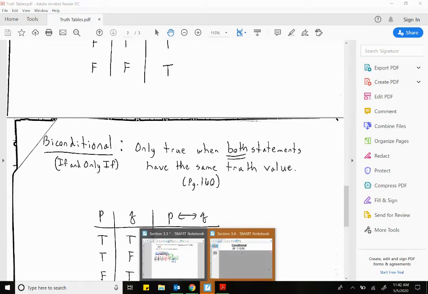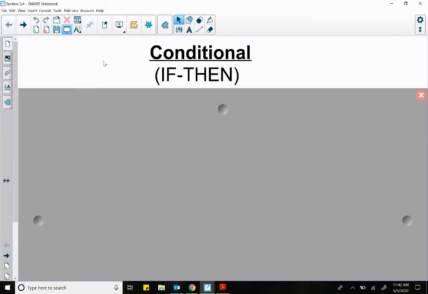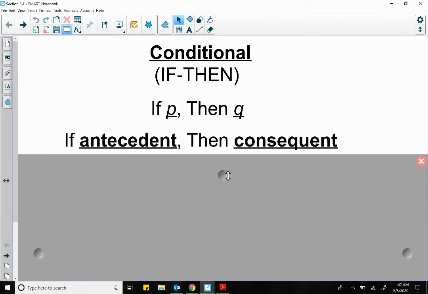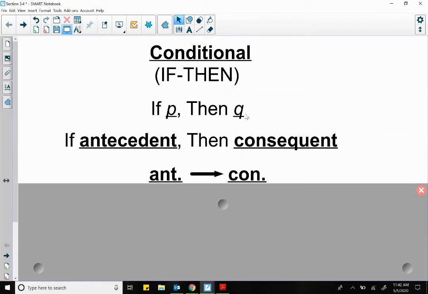So let's jump in. Let's take a look at some of these. All right. So as I said, conditionals, if-thens. If P, then Q is normally how they're written, but I want you to think about it as the antecedent, then the consequent. If the antecedent, then the consequent.